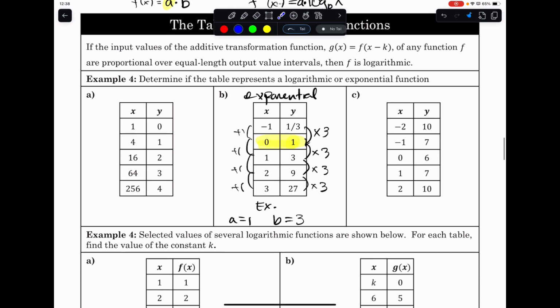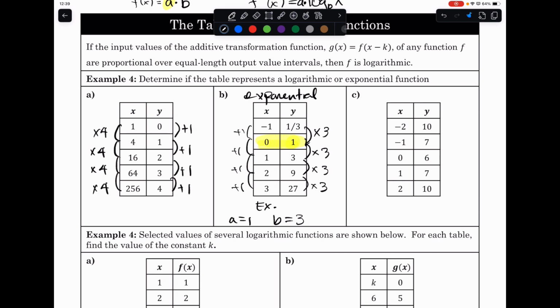So for example, notice that this time the y values are the ones that are increasing by 1, and the x values are increasing by a factor of 4. One times 4, 4 times 4, 16 times 4, and 64 times 4 gives me those values. So this is an example of a log function.